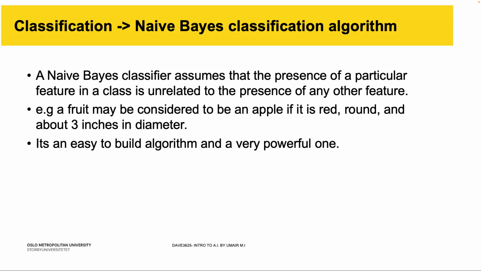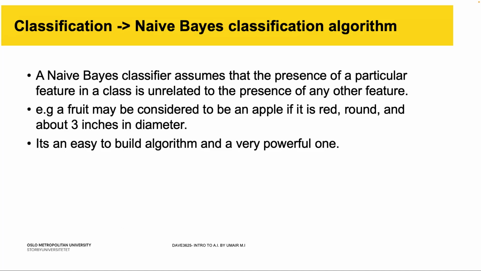But something else can be red, round, and about 3 inches in diameter, and not be a fruit. It could be a golf ball, for example, or a tennis ball, and so on.